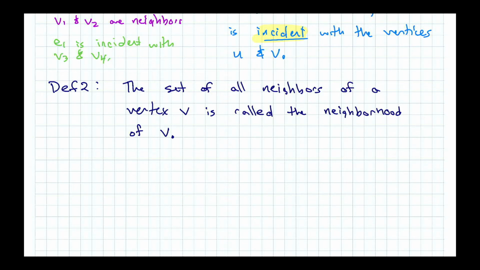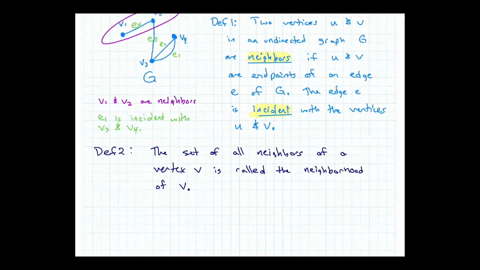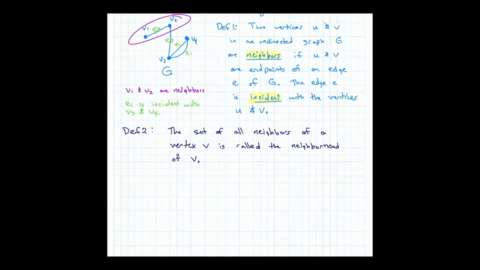They give some definition involving set theory for how to come up with that, but I don't think we need it. In that graph up above, what could we say about the neighborhood of V3?